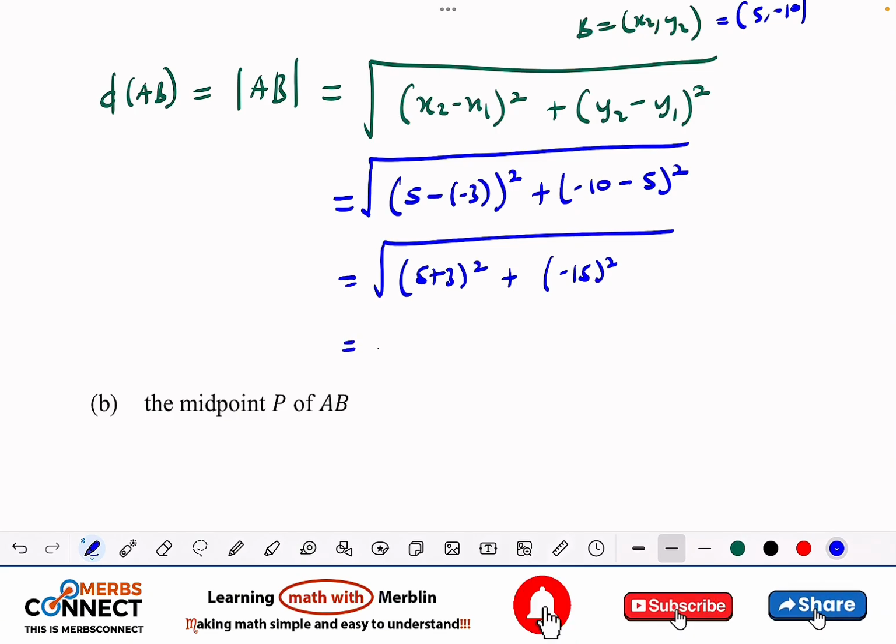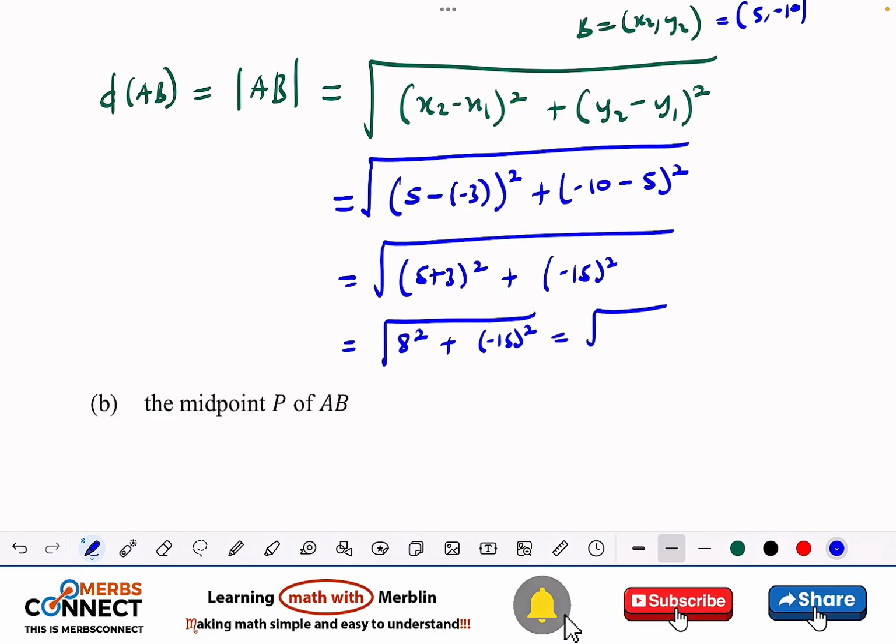And this is going to give us, I think this will be 8 squared plus 15. Let me maintain the minus 15 squared with the root. Now what happens here? What is the square of 8? The square of 8 is 64, and the square of 15, I think 15 times 15 should be 225.